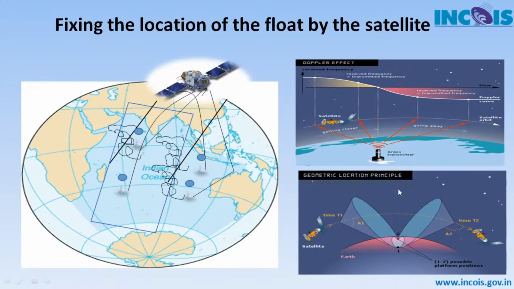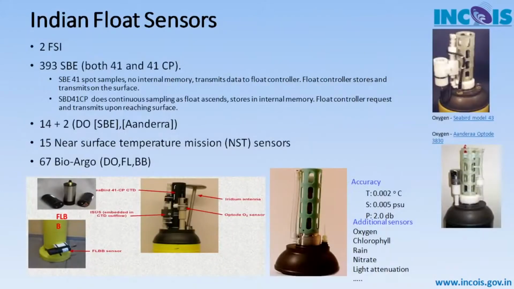We can see on the right side, based on the Doppler shift, we get an error ellipse for each float position fixed by this constellation of satellites. So the position information along with the data is dumped by the satellite to the ground stations, which we use for processing and decoding the temperature profiles and salinity profiles from this data.